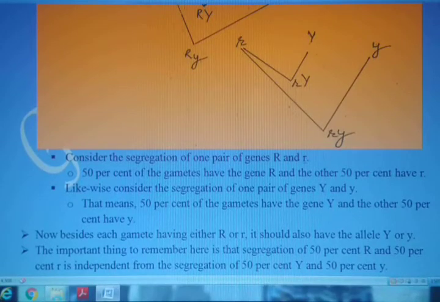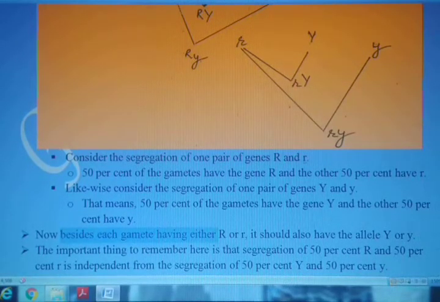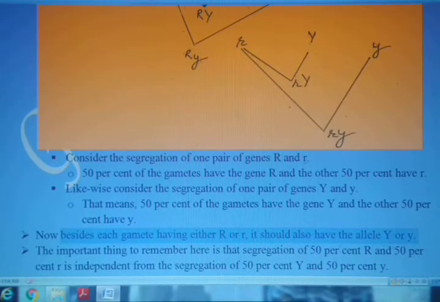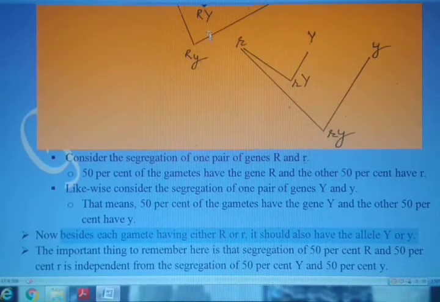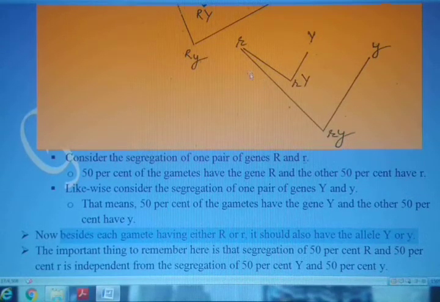What is happening here is that besides each gamete having either capital R or small r, it will also have the allele capital Y or small y. As you can see in the 4 gametes, each has one R gene, either dominant or recessive, and a Y gene, either dominant Y or recessive small y.